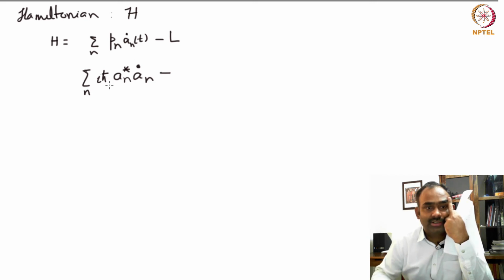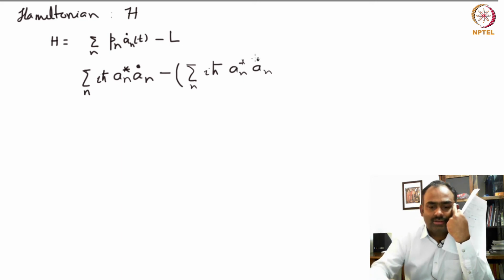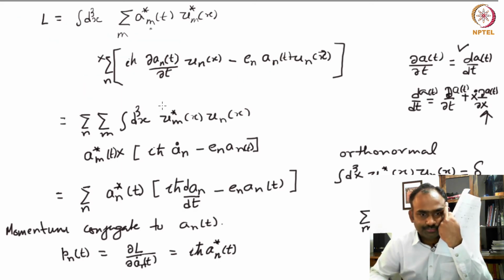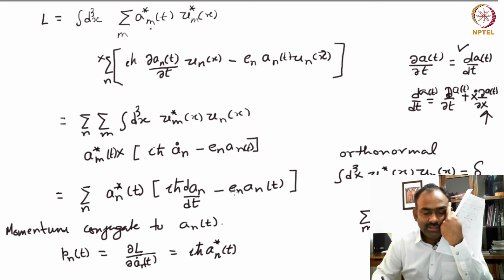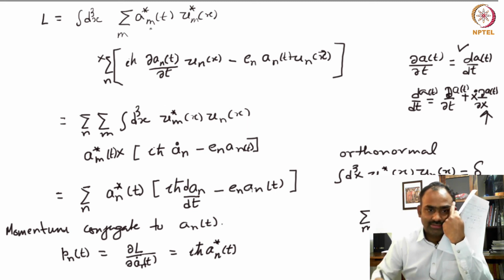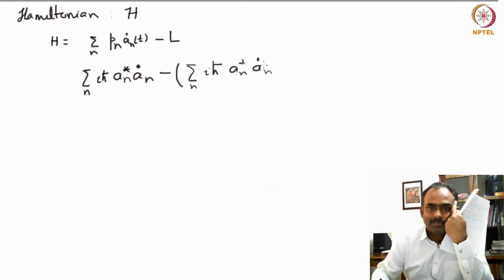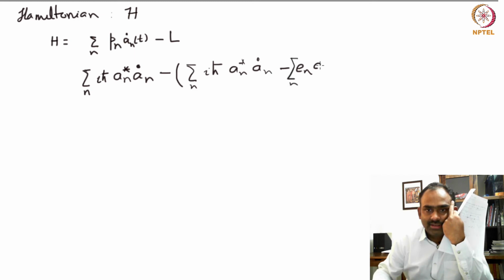Okay, this is the same thing here. Let us write anyway: iħ An star An dot, and then go back. Then you have En An star An. The minus sign, minus En An star An.